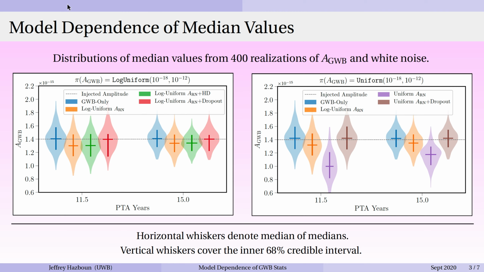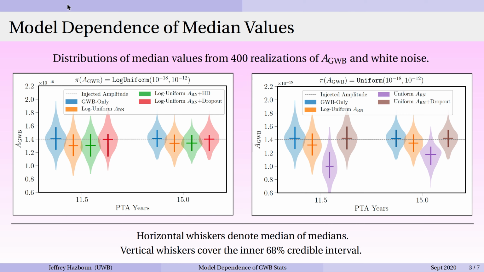In both cases, no matter what the prior is on the amplitude of the background, if I use this dropout analysis, where I let the analysis turn on and off the red noise model on its own, then I get the red and the brown violin plots, which basically return the same distributions of the medians that you would get if you used the correct model, which has no red noise model in it at all.